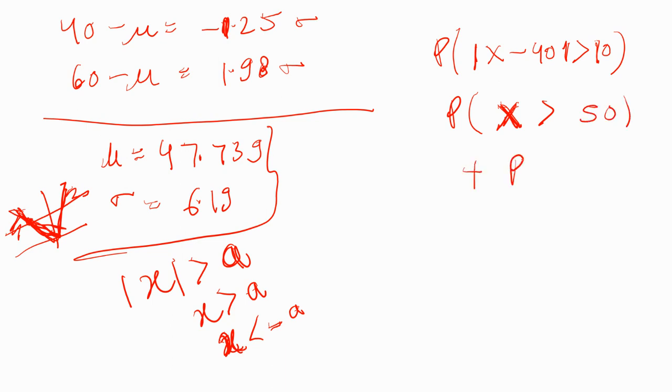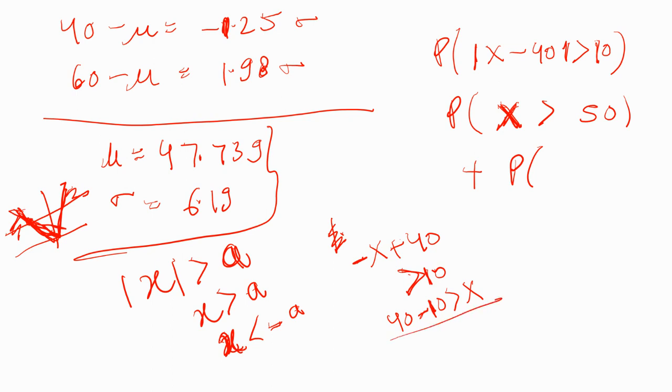And then with the negative, minus of x minus 40 greater than 10, so you can just do 40 minus 10, so x is less than 30.